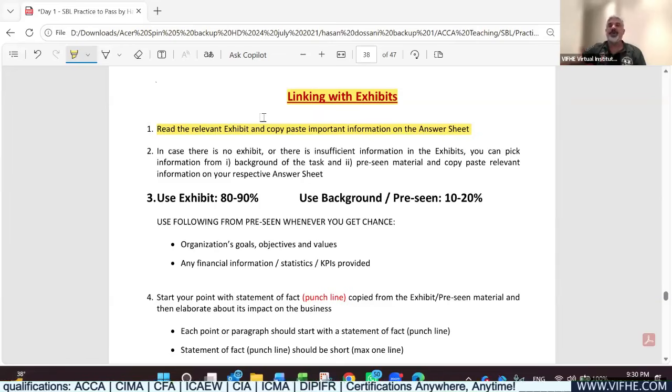Then you will use your pre-seen. Correct. If there is no exhibit, then pre-seen. Right. Supposing there is information in the exhibit, but very limited, then from where will you get extra points? Then exhibit, and then pre-seen.